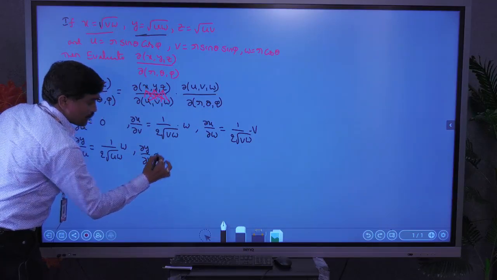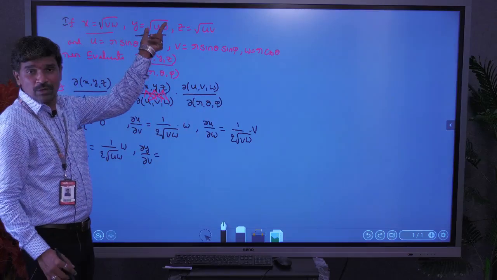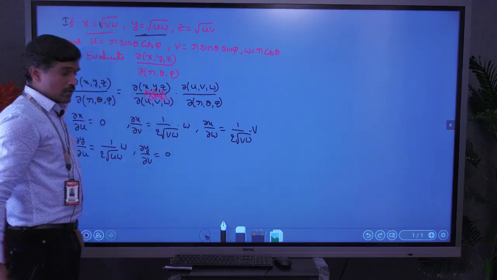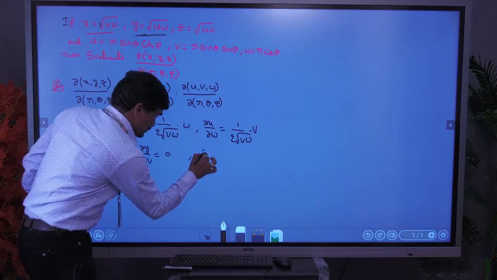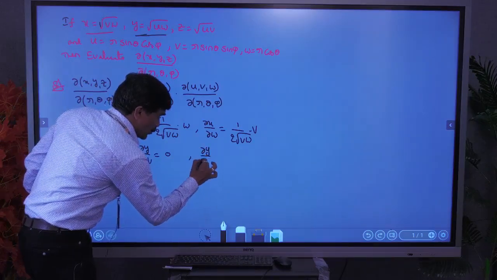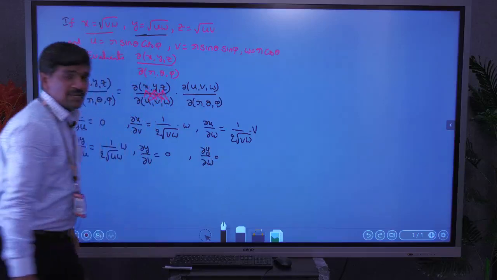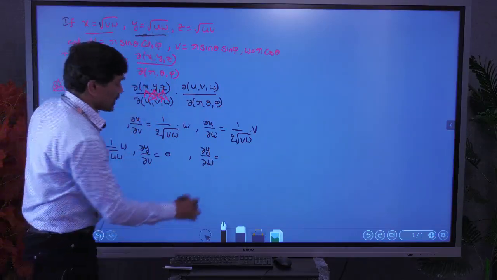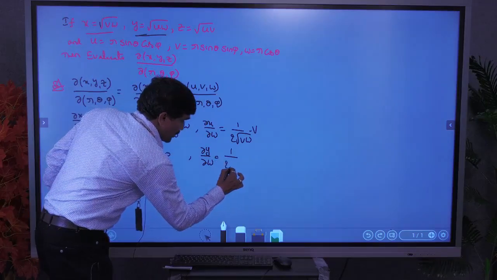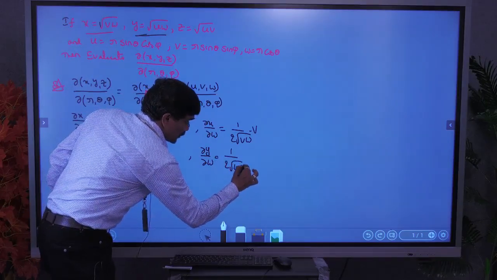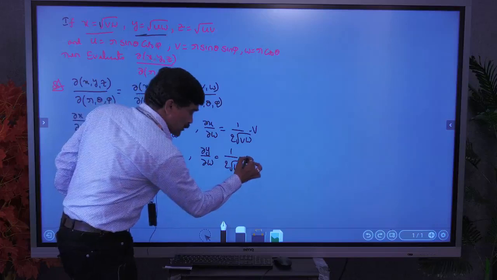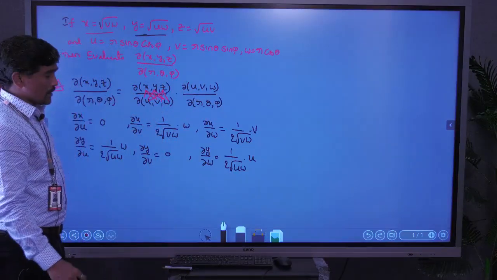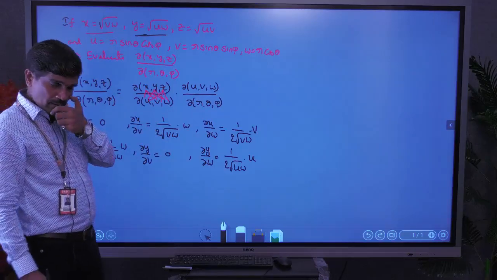With respect to v, uw is a constant, so the derivative is 0. Next dou y by dou w, y with respect to w, again root x form, 1 by 2 root uw. Here u is a constant, and the derivative of w is clearly 1.